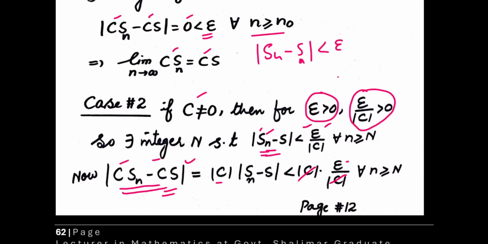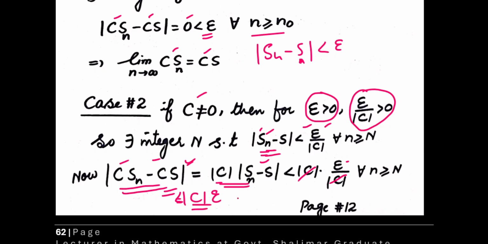We do not take epsilon by C here. Now what will happen when you solve this: it becomes absolute C, as this is less than epsilon, so this becomes absolute C times epsilon.